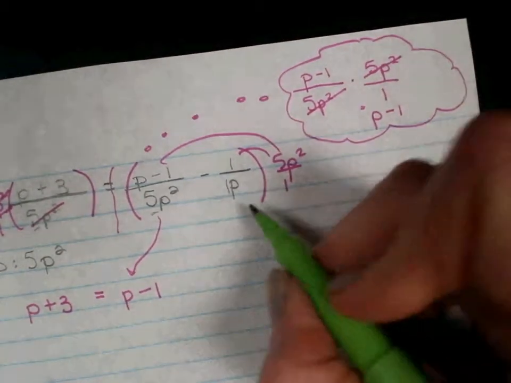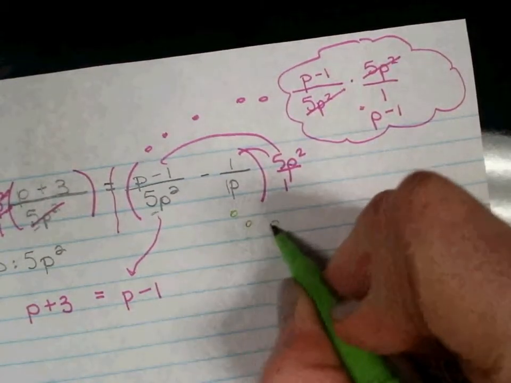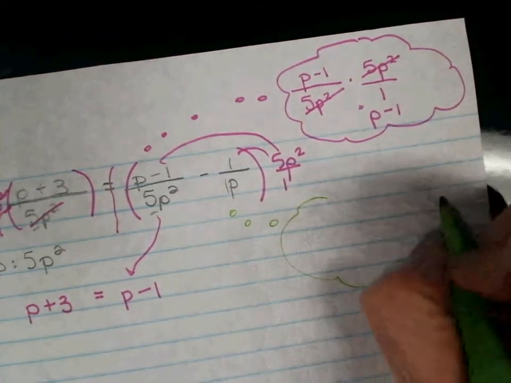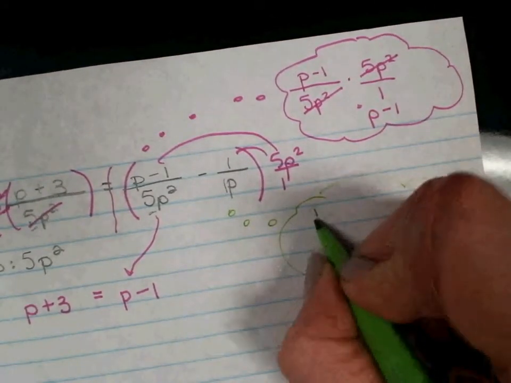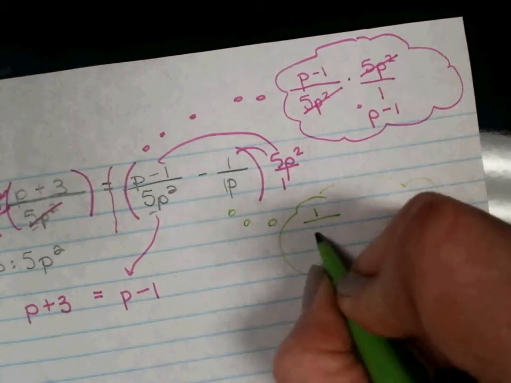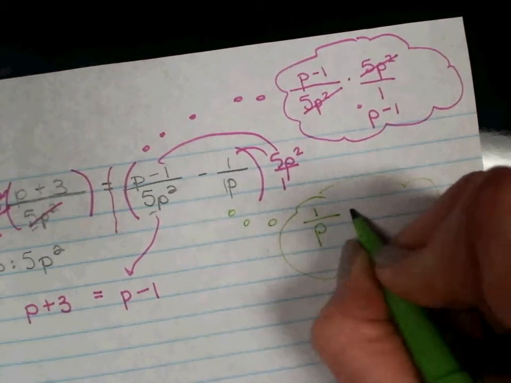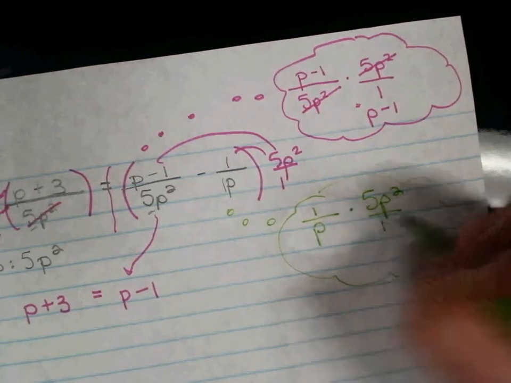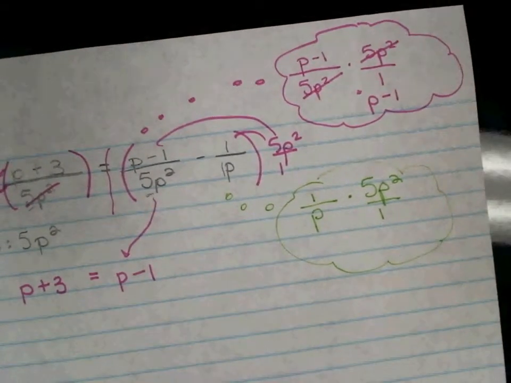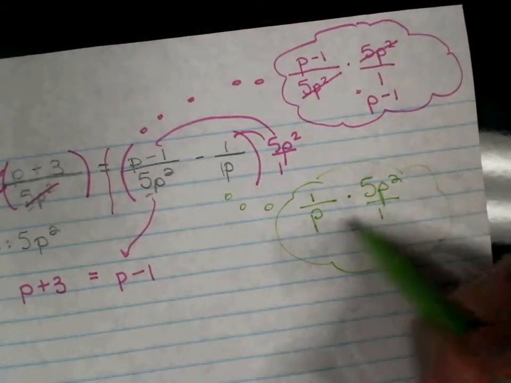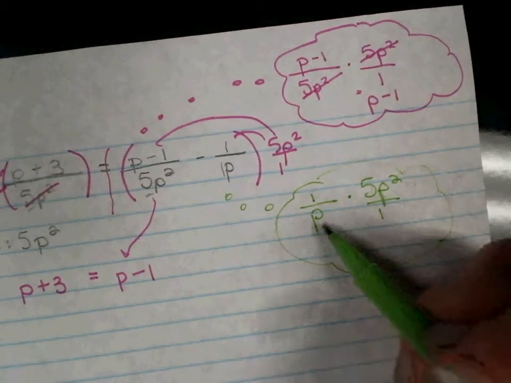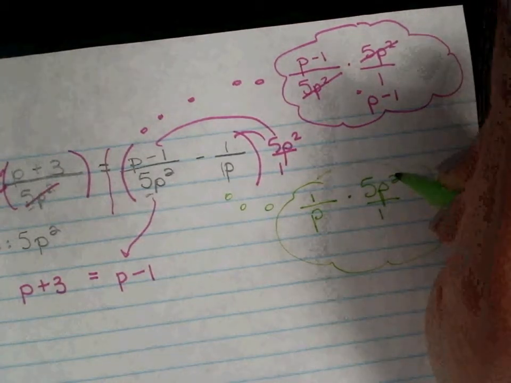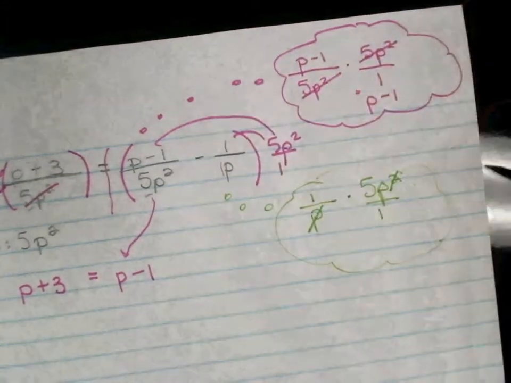Next, I'm going to do my little thought bubble for this one. So I have 1 over p times 5p squared over 1. I look at the diagonal and see p squared and p have a p in common. So that eliminates the squared here, and that p goes away.